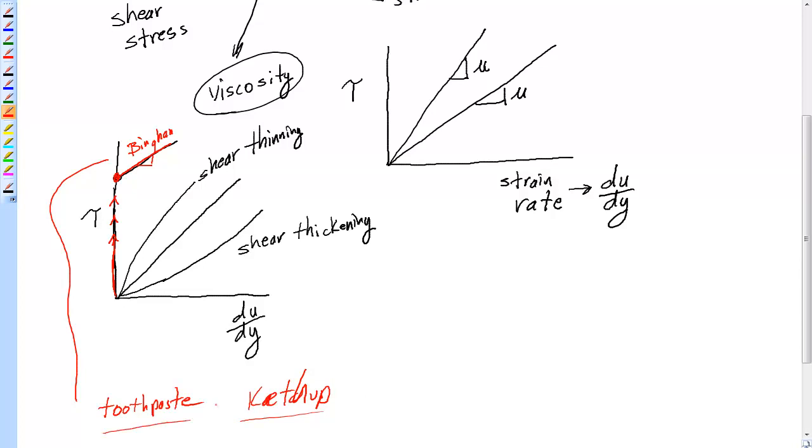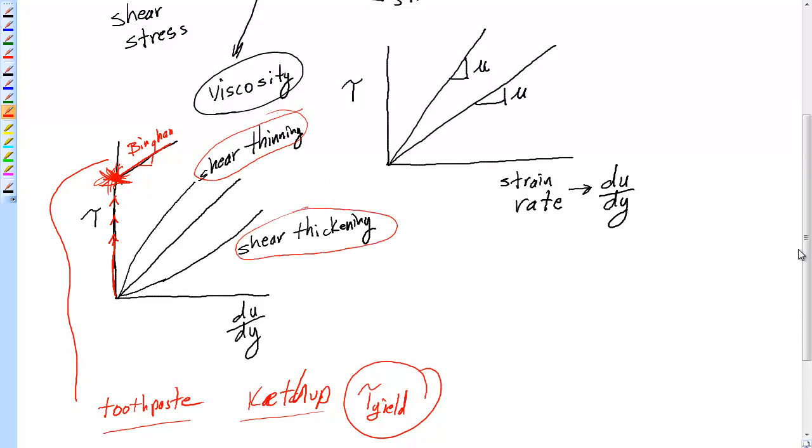So these are cases in which you've got to come up with an effective yield stress in order to get the thing to start flowing. So you stress it and then it begins to flow. That's the yield right here, the yield stress.